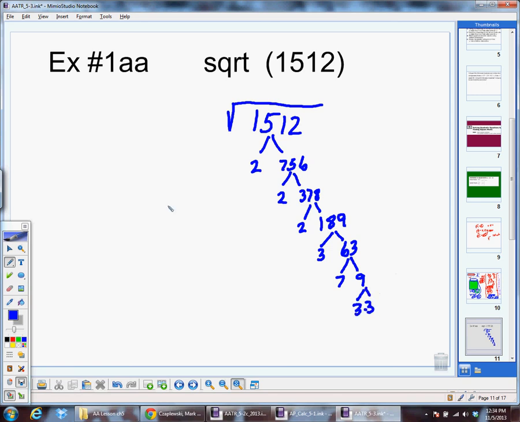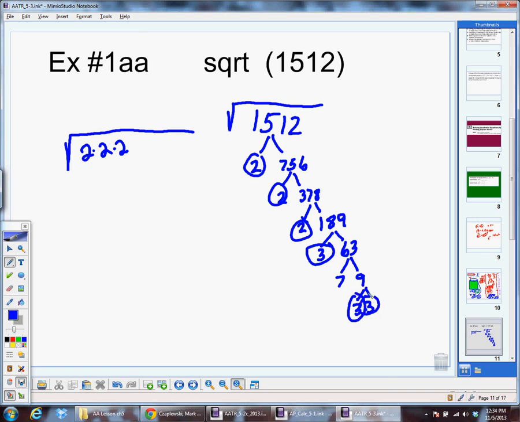Once you get all of these numbers, you rewrite. The square root of 1512 is 2, 2, 2, 3, 3, 3, 7. I'll circle them. You should always have prime numbers here.